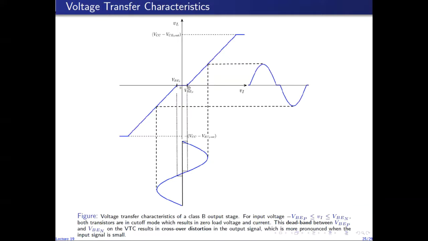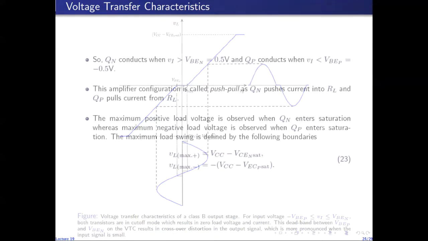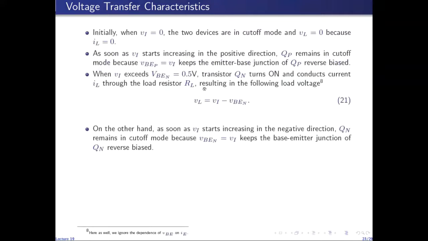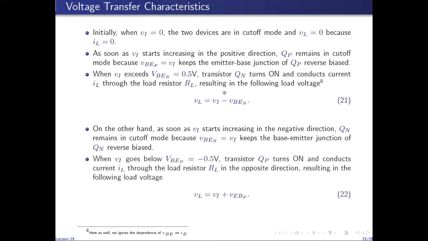As soon as VI exceeds 0.5 volts, QN starts to conduct and pushes the current through RL, and the relationship between the load voltage and the input voltage is given by this equation. This equation has a slope of unity.